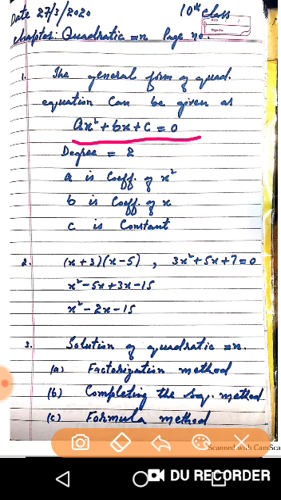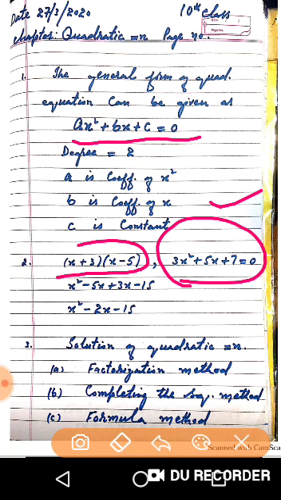Now if you go specific, you can give one example of quadratic equation like this: 3x square plus 5x plus 7 is equal to 0. This is a quadratic equation. Now what about this one, x plus 3 into x minus 5? It is not clear here what is the actual power of variable x.